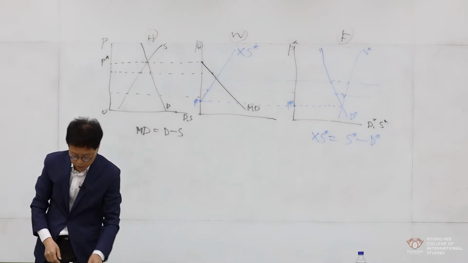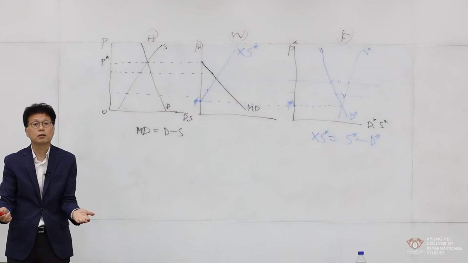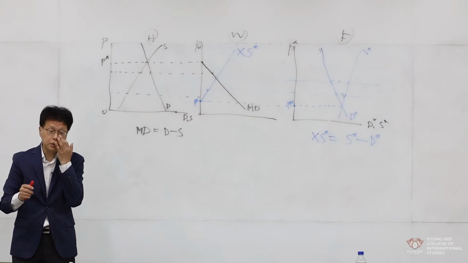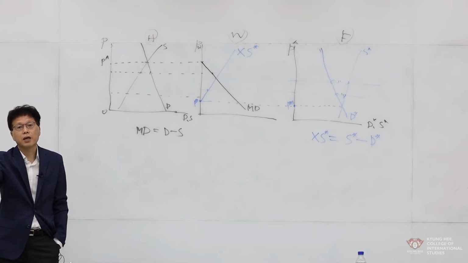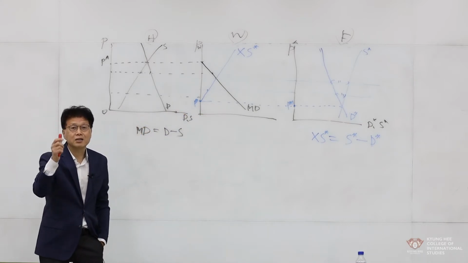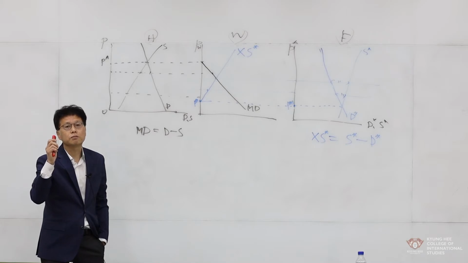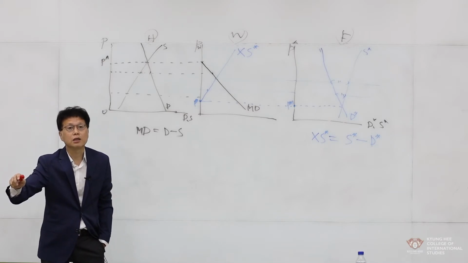Now we can define what the equilibrium price is after trade. The after-trade price, P T, is where quantity demanded should be equal to quantity supplied. Or the world market reaches equilibrium at the price, which we call world price P W, where import demand by Korea is equal to export supply by Australia.